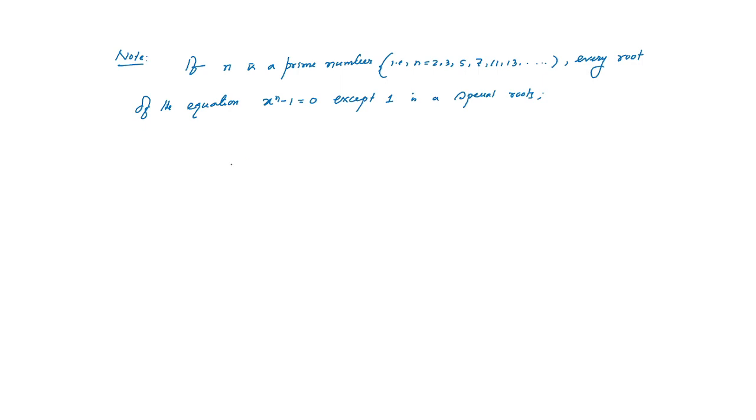Why? Because you know the special root set is, so what is the set of special roots? I will just give a hint. Let S be the set of all special roots of x to the power n minus 1 equals 0, and let n equals p, a prime number.